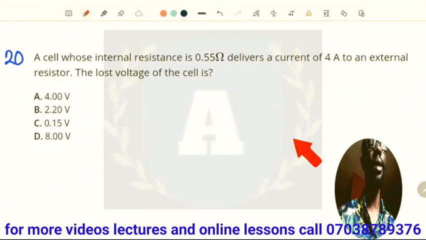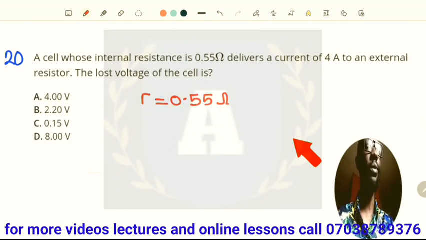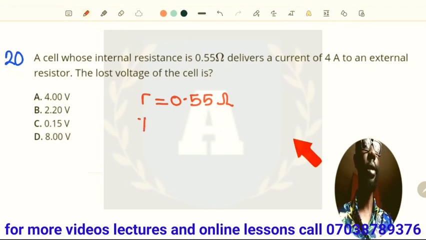Now quick one to the 20th question. A cell whose internal resistance is 0.55 ohms delivers a current of 4 ampere to an external resistor. So we are asked to calculate the lost volts.